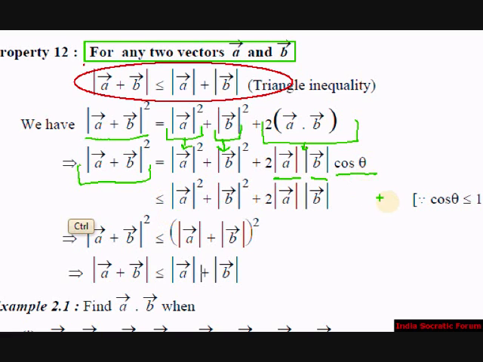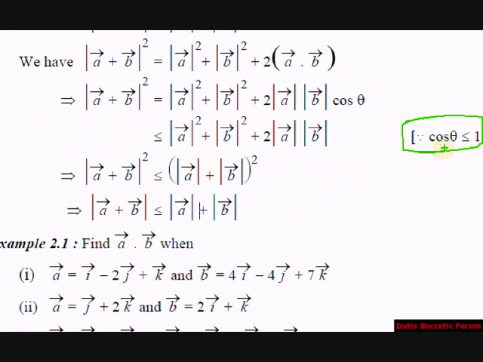Since cos theta is less than or equal to 1, do you know how this assumption holds? Because when you have two vectors, a vector and b vector, when theta is 90 degrees, the value is 0.